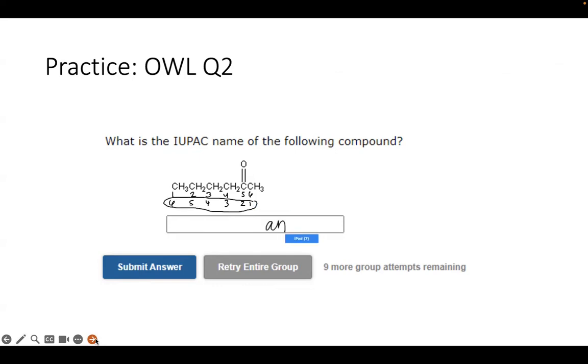So -anone, because we're dealing with a ketone. Hex, because the parent chain has 6 carbons. And I need to tell the audience what carbon that functional group is coming off of, carbon 2. There are no other branches on this example, so the full name is 2-hexanone.